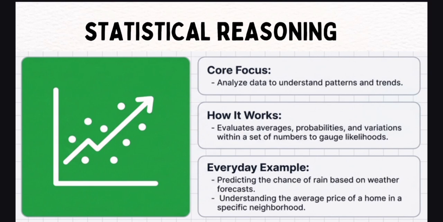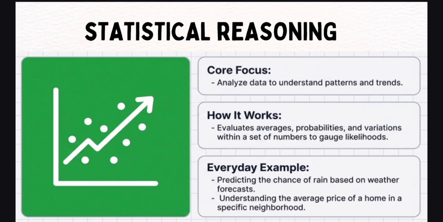Now let's look at statistical reasoning. Here the data is analyzed to understand patterns and trends. This type of reasoning evaluates averages, probabilities and variations within a set of numbers to gauge likelihoods.